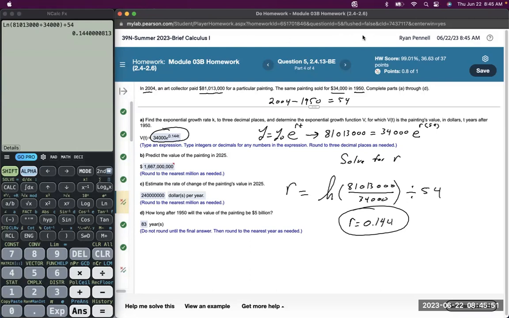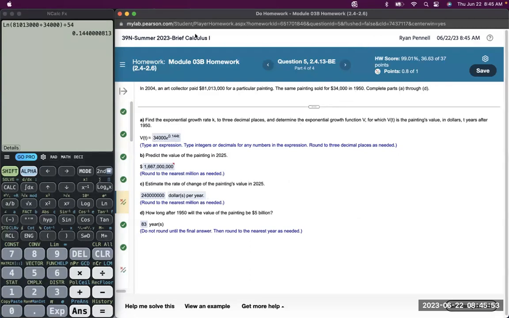Fair enough. So the next part is predict the value of the painting in 2025. Well, I set this up as year 0 as 1950. So how much time has passed? Well, that's 50 and 25 gives me 75 years. So 75 years have passed. What would we predict the value to be?